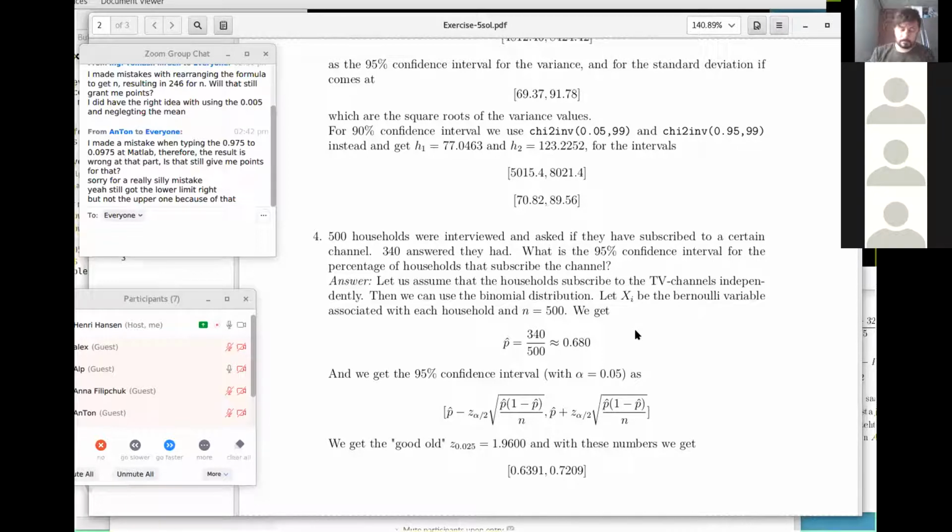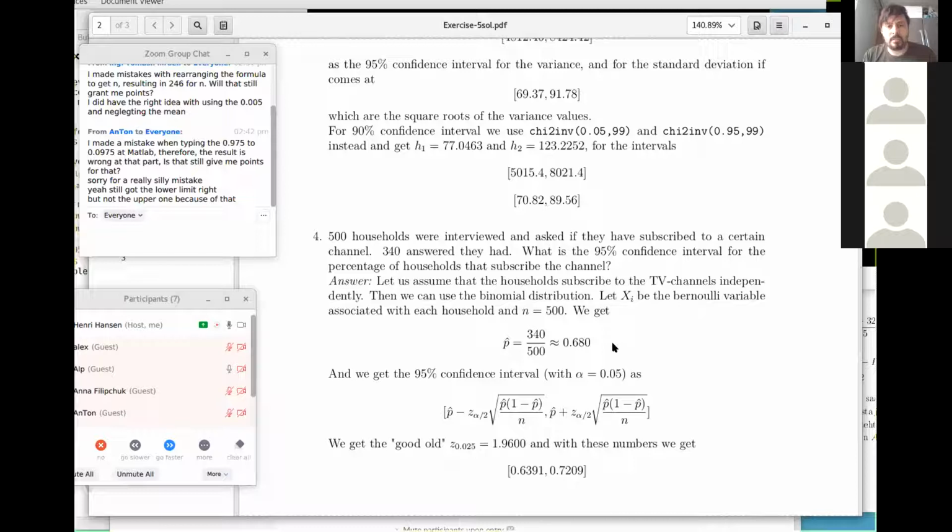And the confidence interval here, again, with this binomially distributed variable, remember that if we have a binomial distribution here, then the expected value is n times p, right? That's your n times p. So hence p is the number of successes over n.